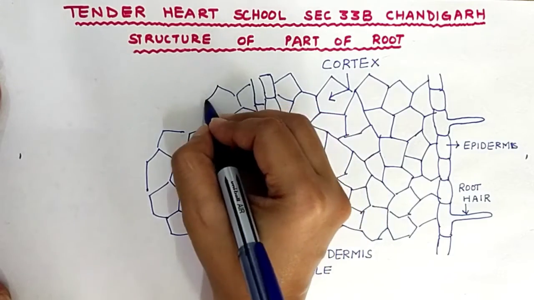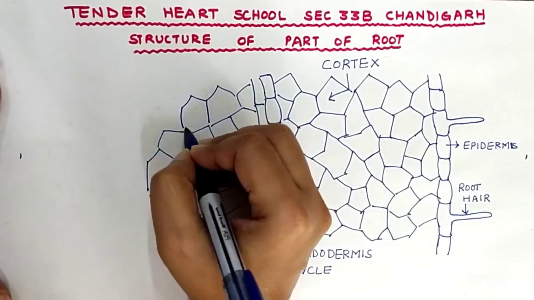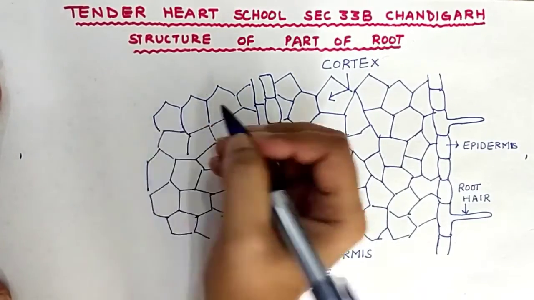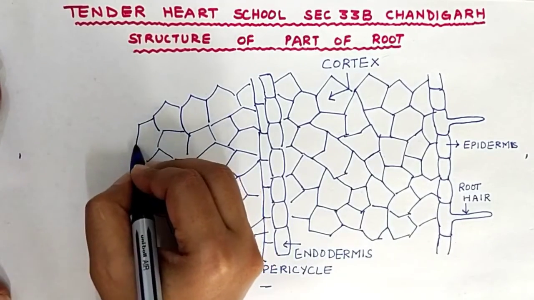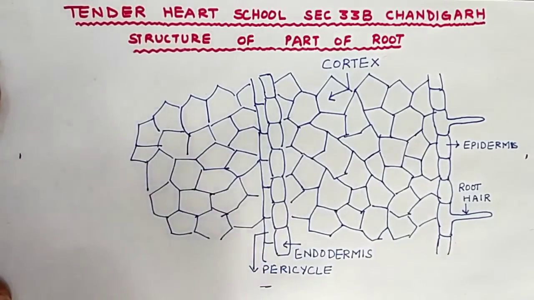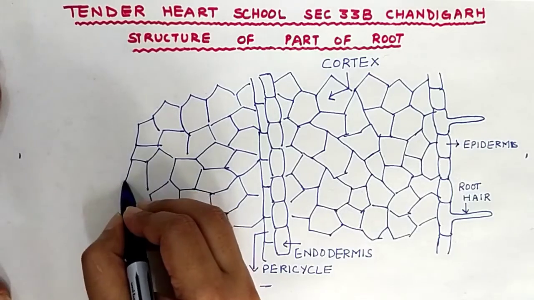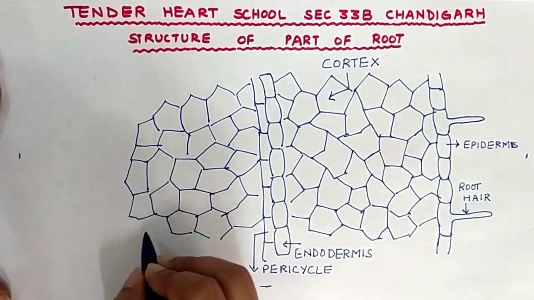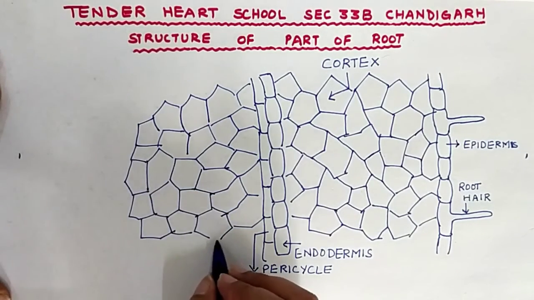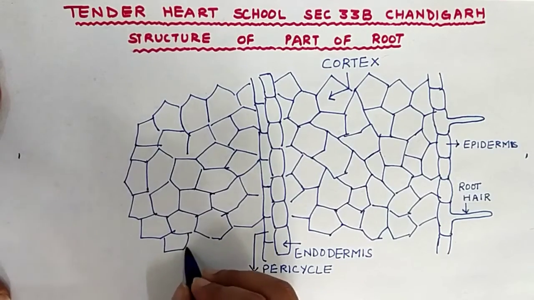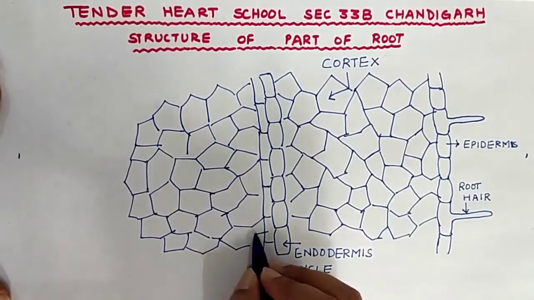Xylem, diagrammatically, is shown with a double layer, double walled structure, and phloem is single walled. So these are otherwise normal cuboidal plant cells, right?